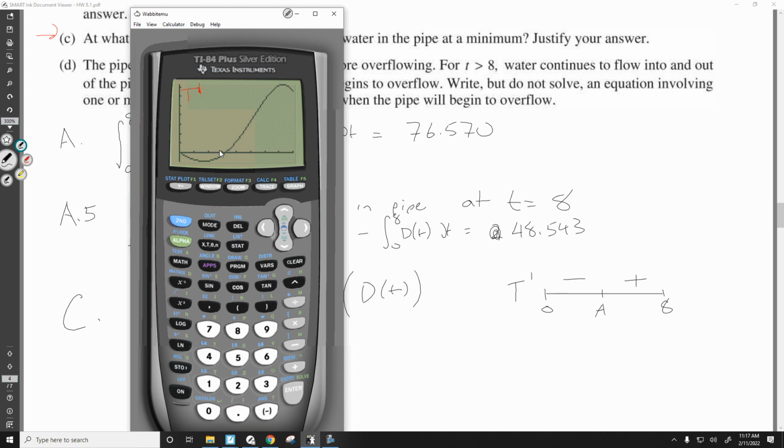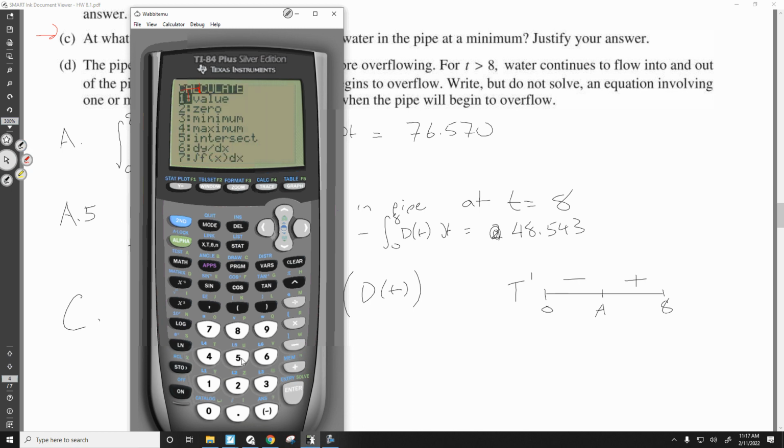Now, there's a lot of stuff we're typing into our calculator, so you got to make sure you type it in right.